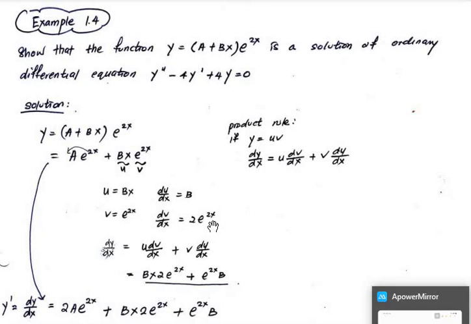Now you have u and v, then you can use this formula: u dv over dx plus v du over dx. So you substitute u is bx, dv over dx is 2e^(2x), and then plus v, which is e^(2x), and du over dx is b. Okay, here it is. So you get the first order dy over dx equal to this one.